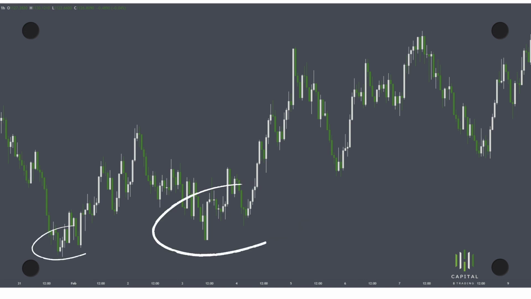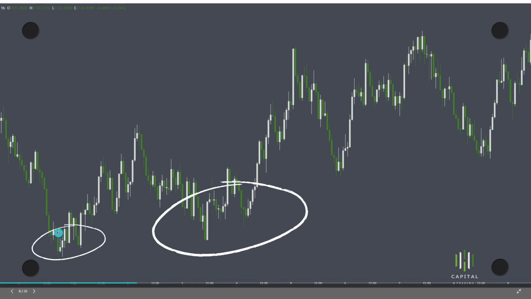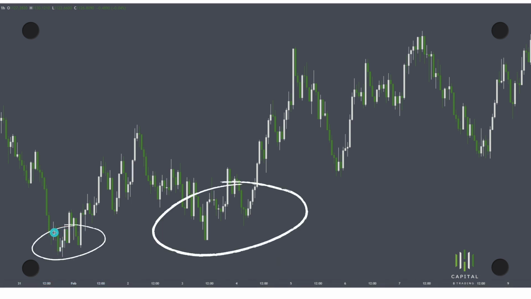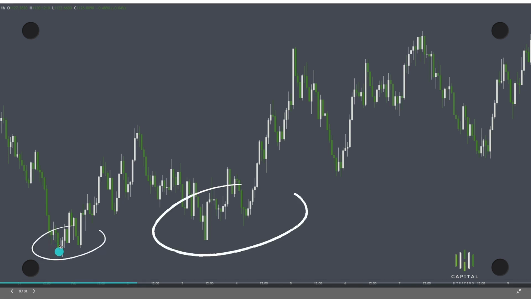So on the screen, the highlighted areas, if you look at the first highlighted area, you look at this last down close candle, the green candle here, and you extend it to the right, so you realize that what price did is price went up.